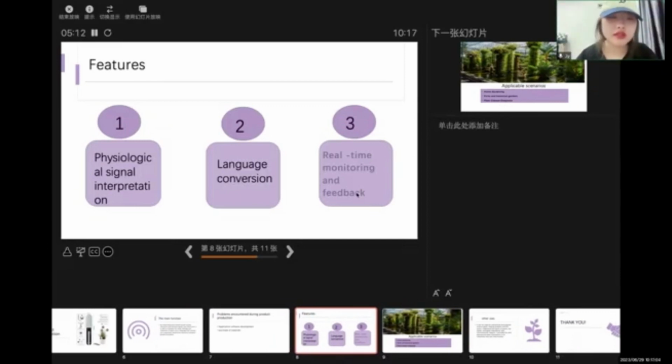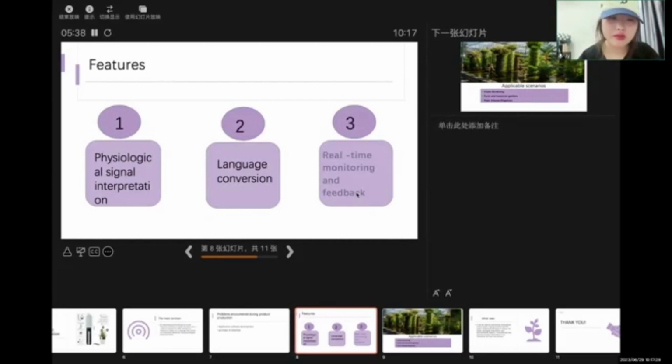The six features of the smart plant translator are physiological signal interpretation, language translation, real-time monitoring and feedback, needs identification and fulfillment, data analysis and prediction, and visualization and remote access. But I think only the first three are the main features.